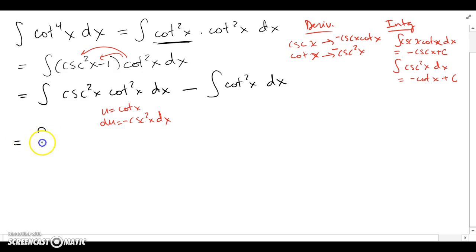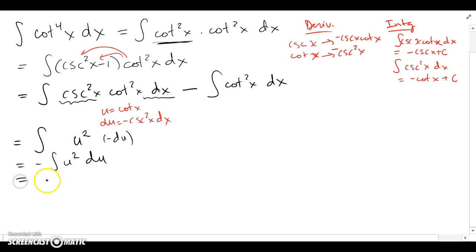So we're basically going to have cotangent as our u again because we have our du sitting around there. So we're going to have u squared, and then this guy and this guy is going to give me a negative du, it looks like. So what I have is negative u squared du, and that's just negative u cubed over 3, and we'll deal with the plus c at the very end.